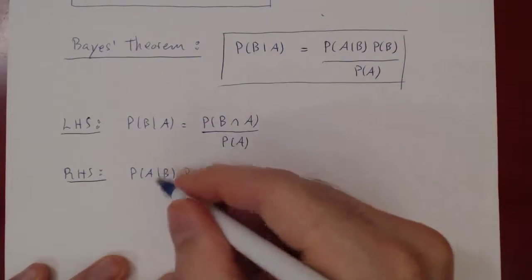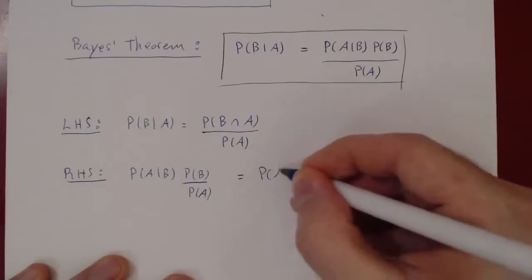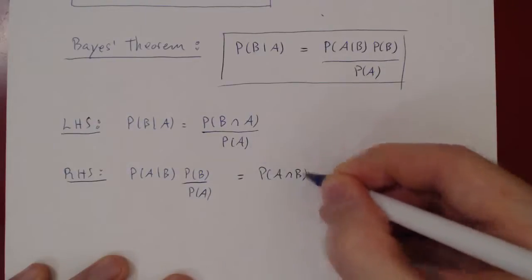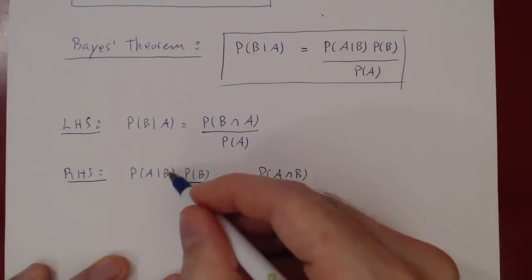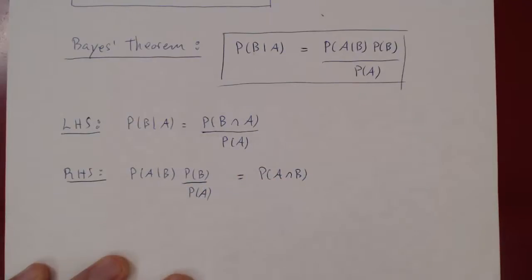Well, by definition, P of A given B is P of A intersects with B. But again, B has already occurred. It is our new sample space.